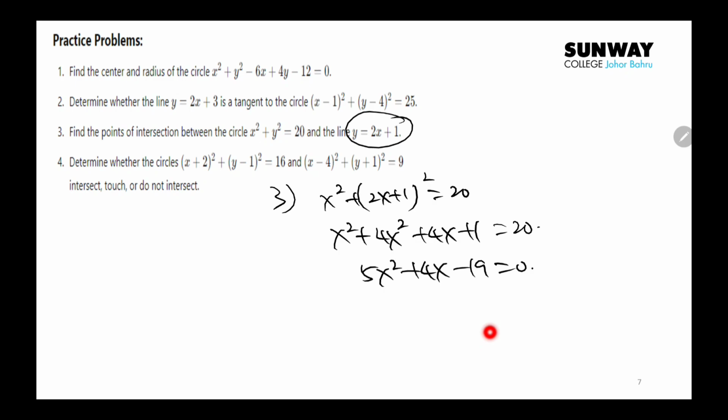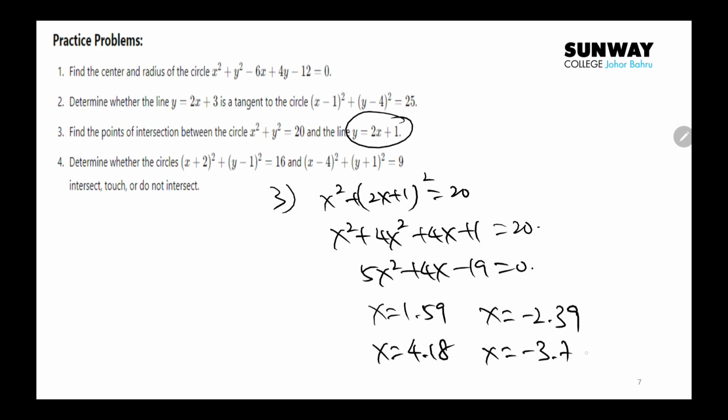You can use a calculator to facilitate. x equals 1.59, x equals negative 2.39, and the y values are going to be 4.18, as well as negative 3.78.